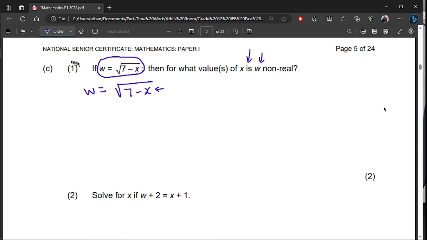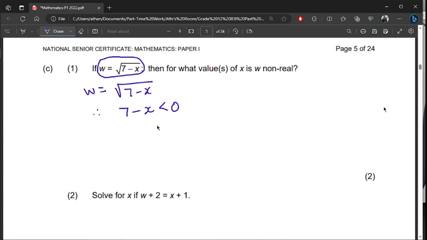What we have to solve for here, guys, is x. Now remember what I said, a number becomes non-real under a square root if it is a negative number, and negative numbers are less than 0. So if you make 7 minus x less than 0 and then solve for x, that will be the correct answer.